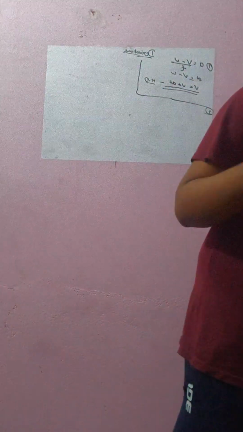We know velocity equals displacement upon the time, and velocity equals final velocity plus initial velocity upon 2. There are two formulas. Then we start, and I will show the new formula which I told you.